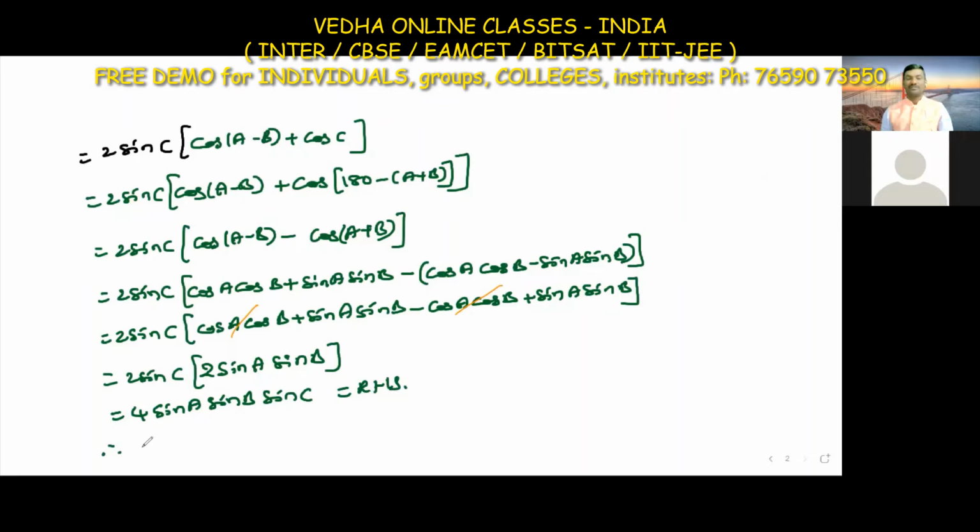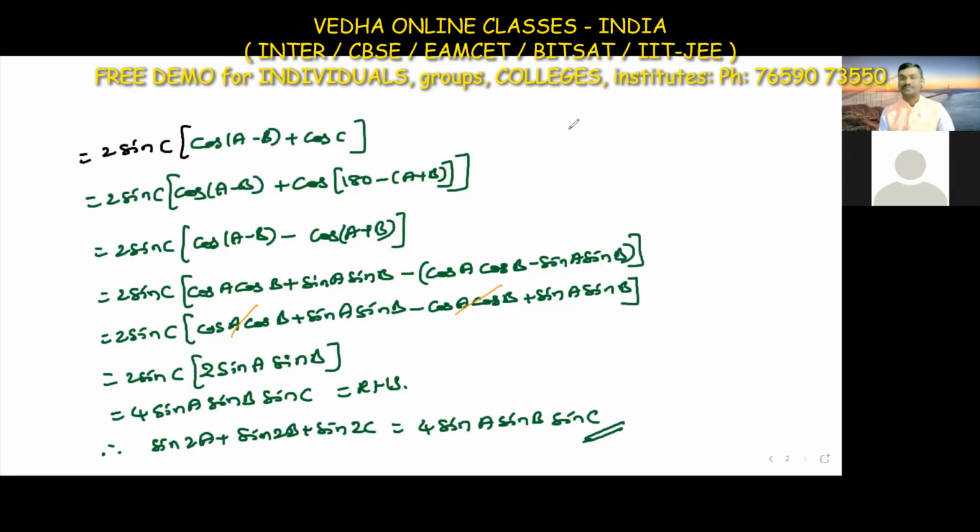Therefore, what is the final answer? Final conclusion: sin 2A plus sin 2B plus sin 2C is equal to 4 sin A sin B sin C. This is the required solution.